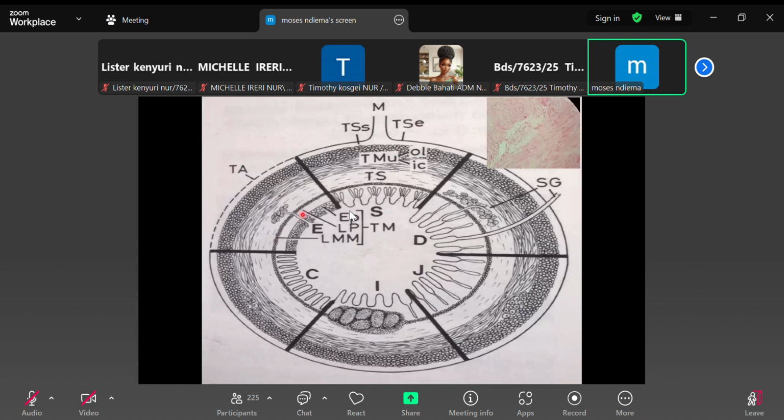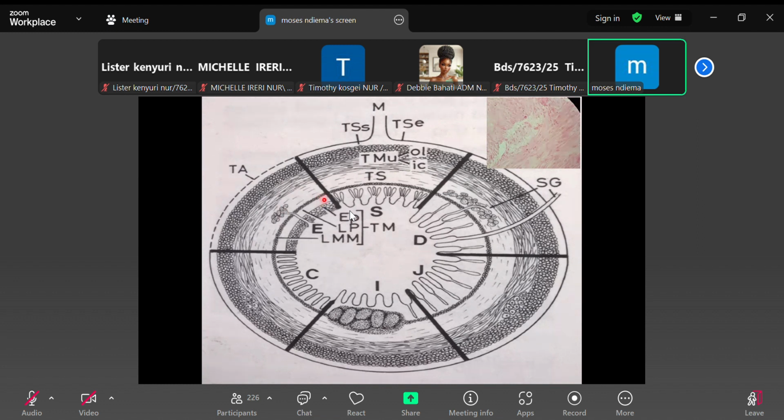Close to the stomach, within the lamina propria, we have the cardiac glands, which are mucus-secreting glands. They secrete acid-resistant mucus that can neutralize the acid to prevent it getting into the esophagus whenever there is acid reflux.